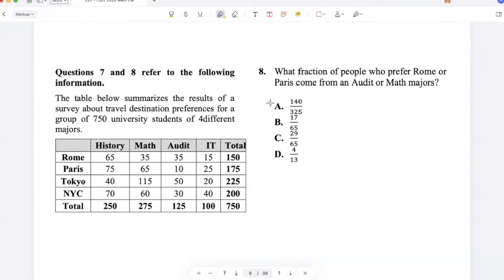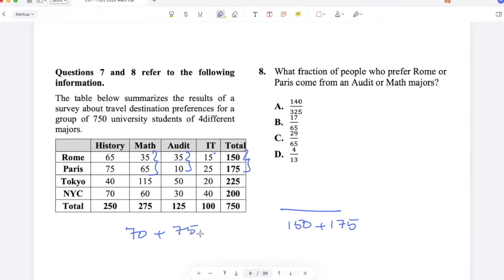Okay, what fraction of people who prefer Rome or Paris come from an audit or math major? Okay, so Rome or Paris, so the denominator would be 150 plus 175. And they come from audit or math major. Okay, so 35 plus 35, 70 plus 75, right?